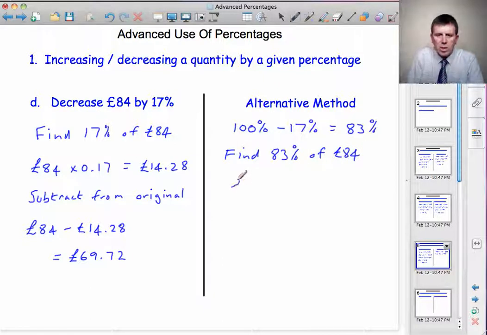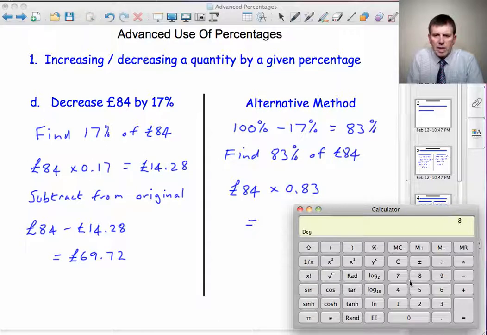And we do that by £84 multiplied by, as a decimal, 83% is 0.83. So we want £84 multiplied by 0.83.